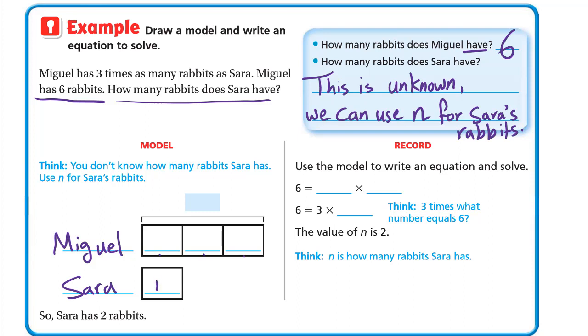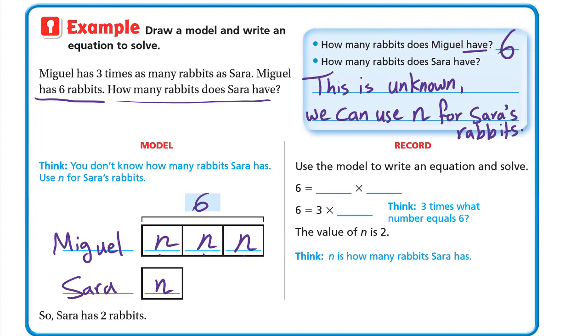We said it will be N. Okay, so Miguel will have 3 of this N. So N, N, and N. We know that Miguel has in total 6 rabbits. Okay, so what Miguel has is 6 rabbits, and it's 3 times as many as Sarah. We said that Sarah is N. It's like a space or dots. This is the missing number, the unknown number. So Miguel has 3 of this number.